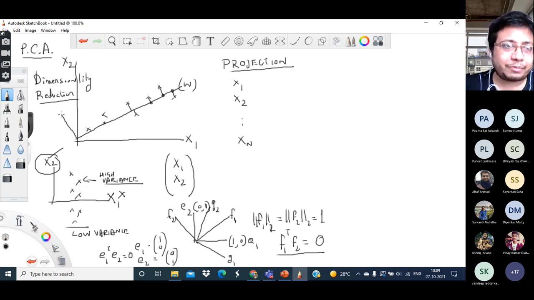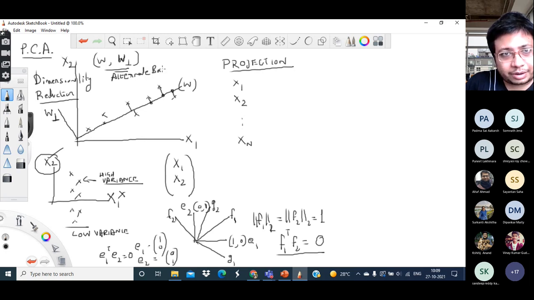That will be some vector which is perpendicular to W. Let me denote it in this way: W perp. In the language of linear algebra, this notation W perp basically means a vector that is perpendicular to W. So W and W perp define an alternate basis for the data space.